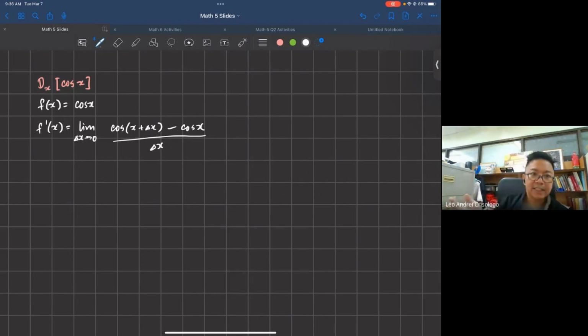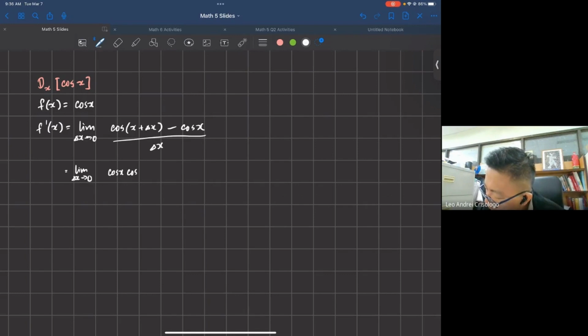So expand natin siya using our sum formulas for cosine. So cosine x cosine delta x, minus sine x sine delta x. Tama ba yung sunod ko? Minus cosine x all over delta x.